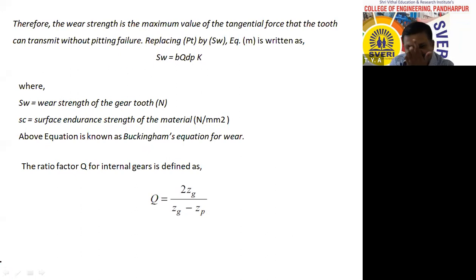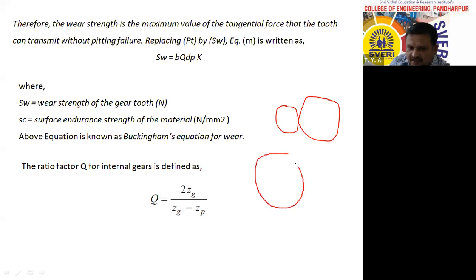Now, earlier we have defined the ratio factor. That ratio factor Q is for external gears. Now this ratio factor is for internal gears. Internal gear means what? See that these two gears are external gears. These two gears are internal gears.